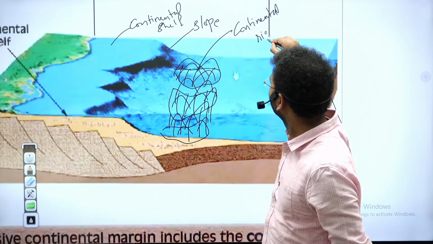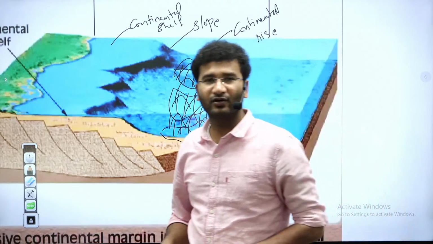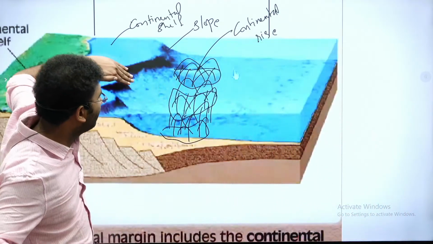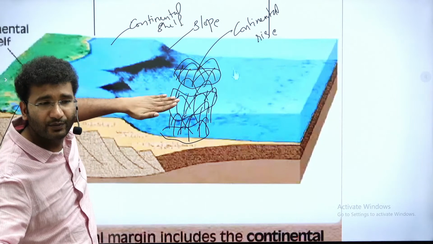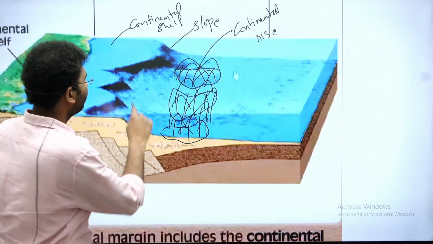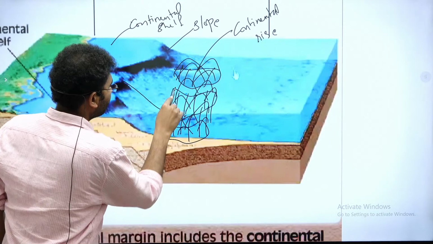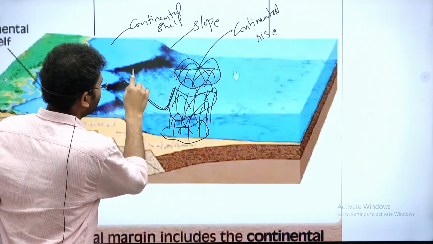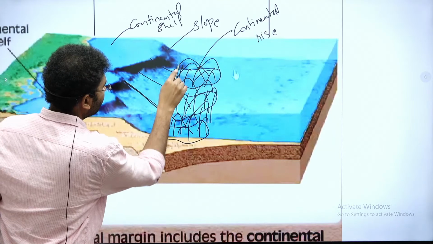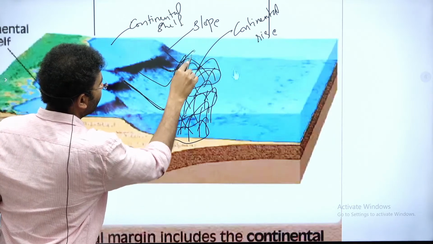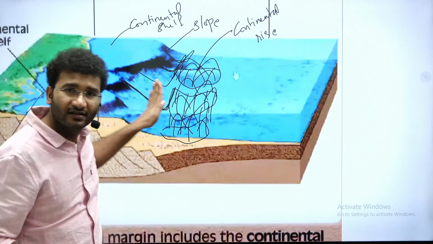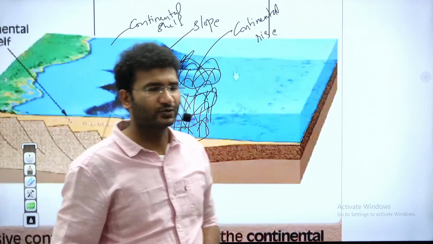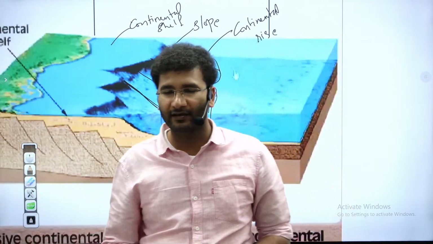rise. Now in between the continental rise and the continental slope, you see the slope is gently sloping, but in between there is a gap. The gap is like this. I hope you are able to imagine this. What is this? There is a small valley kind of situation you will get to see, right?